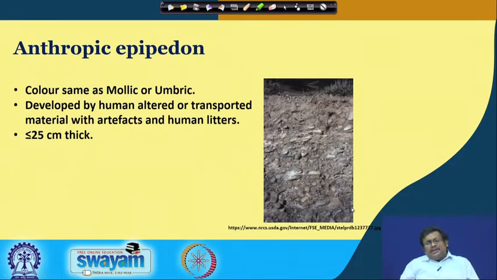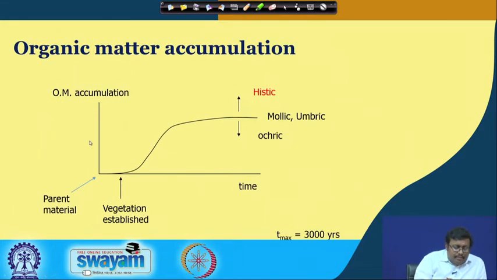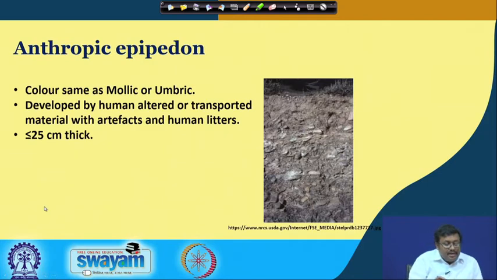Now, the next one is called anthropic epipedon. Anthropic epipedon is also similar in color to melanic and umbric. So, it is dark in color, and remember that this anthropic epipedon is developed by human altered or transported materials with artifacts and human litters.